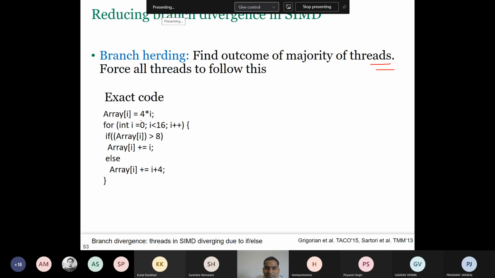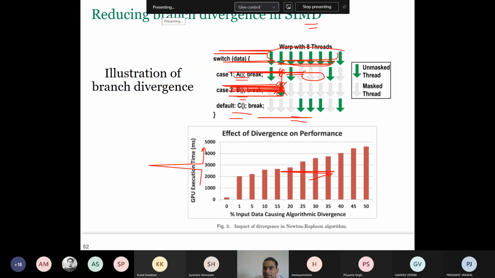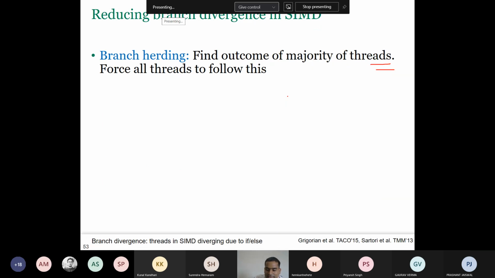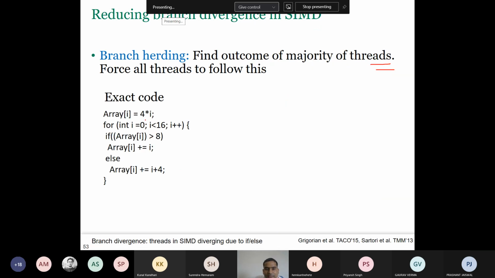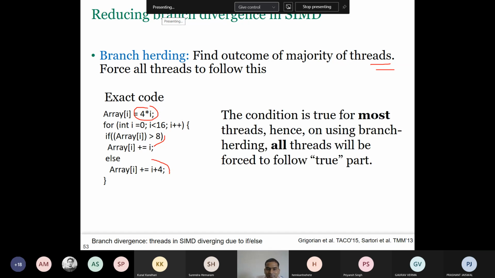So here is an example. In this case, the B part is followed by the least number of threads. So we can ask this thread also to follow this path. Let us take an example. Suppose we have this array which has these original values. Now here we have 16 threads. Some of them will follow this path and some of them will follow that path. So you find out how many threads are following the if part and how many are following the else part.